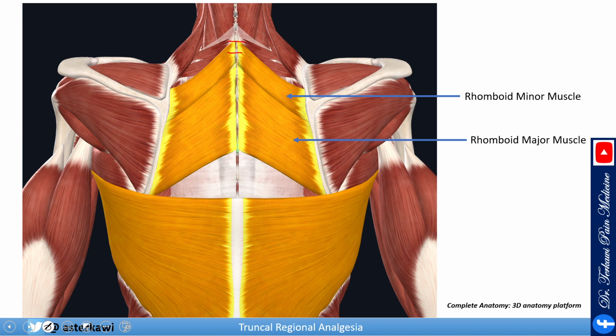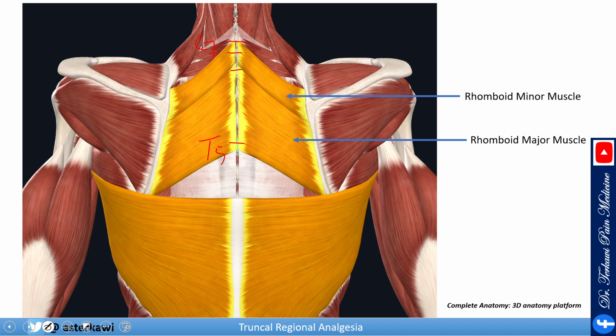And the rhomboid major originates from T2 to T5. So if you're talking about both rhomboid muscles, they originate from C7 to T5.